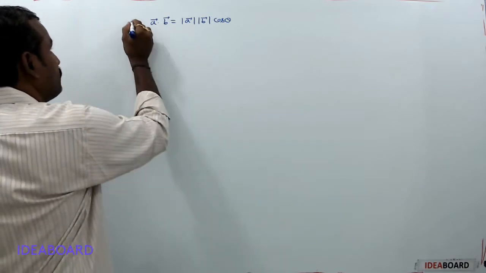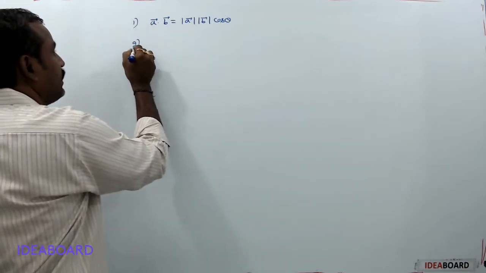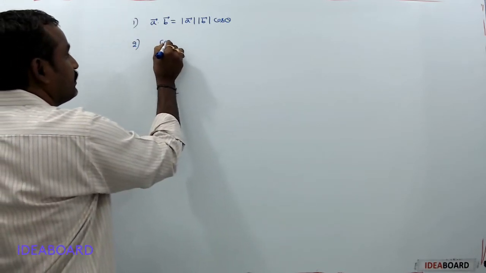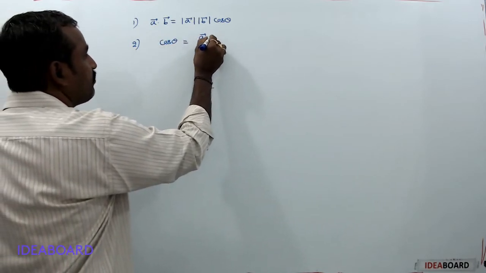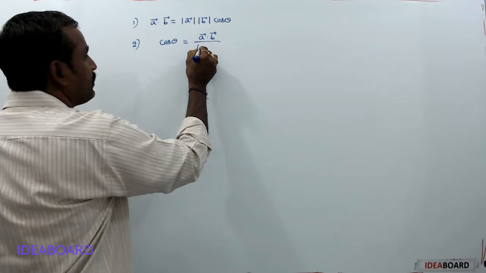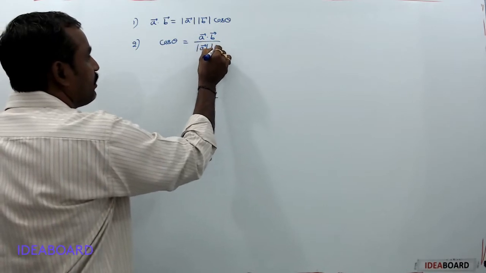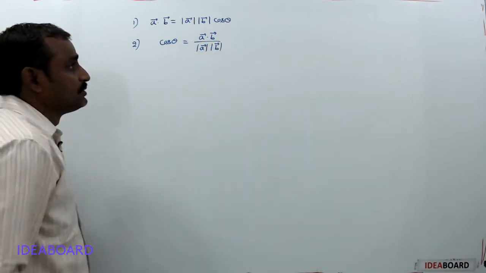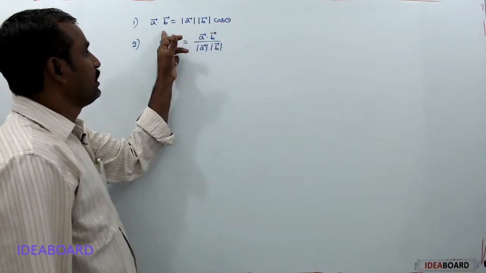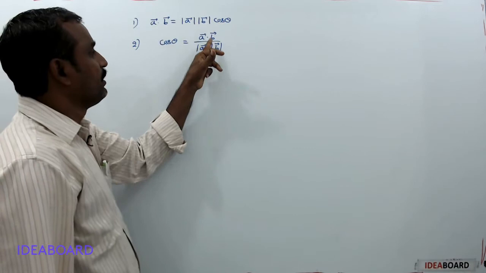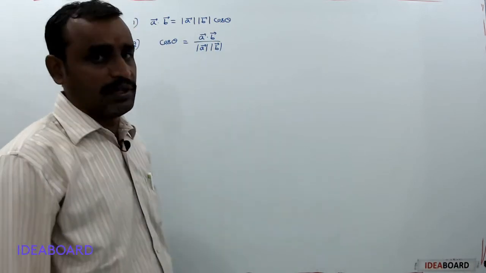From this we can evaluate cos theta. Cos theta is equal to a bar dot b bar by magnitude of a bar into magnitude of b bar. So now we know the cos theta formula also.